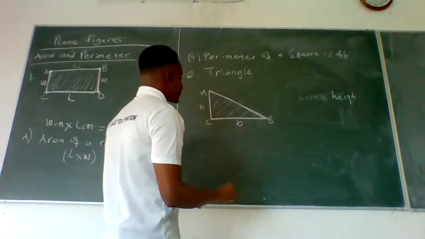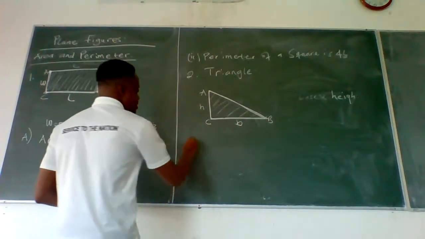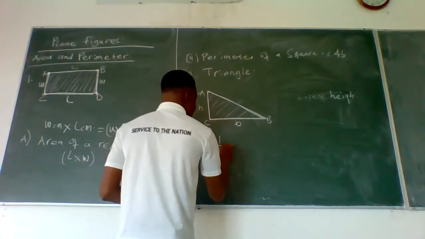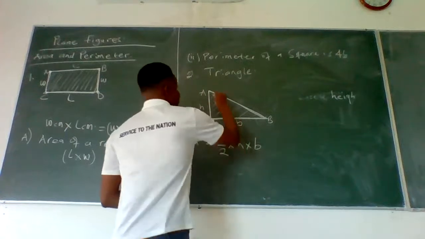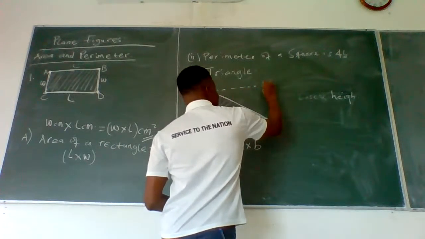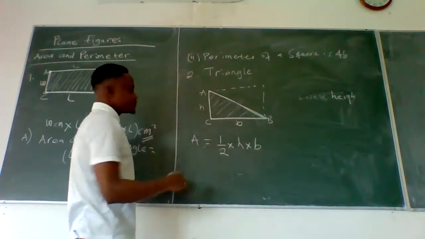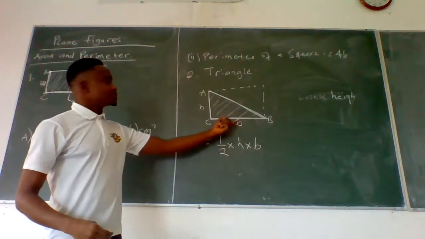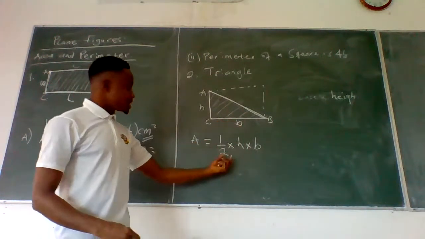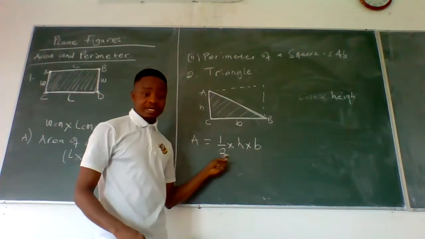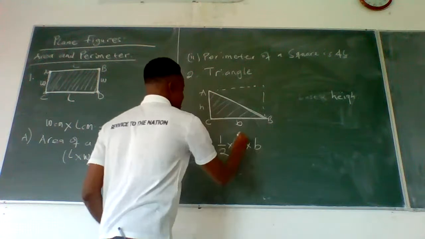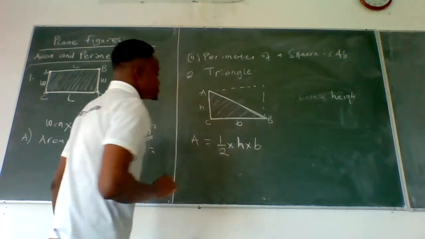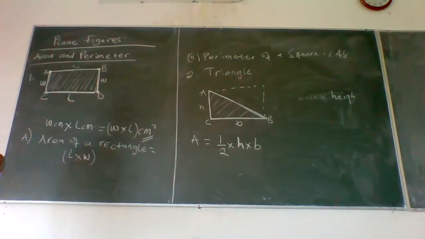That's why in the formula for the area of a triangle, we have A equal to half times H times B. Because we are just taking half of this rectangle. So the area of this is half times height times base.